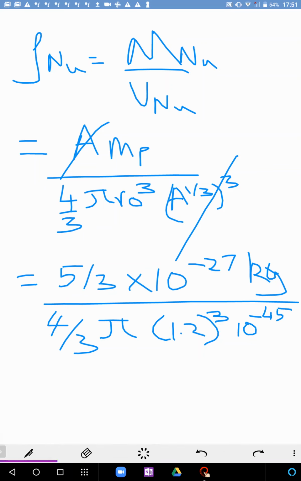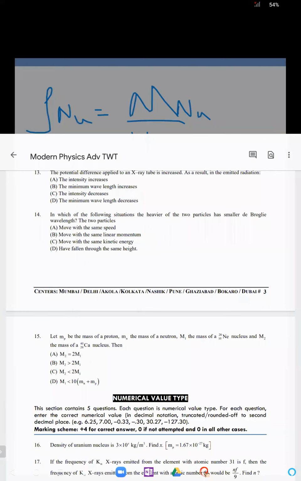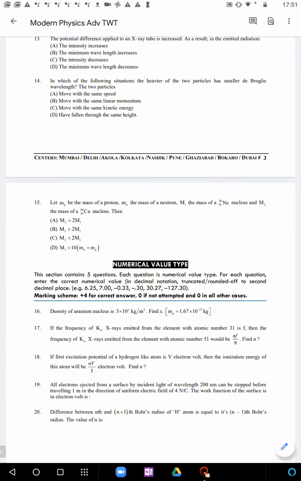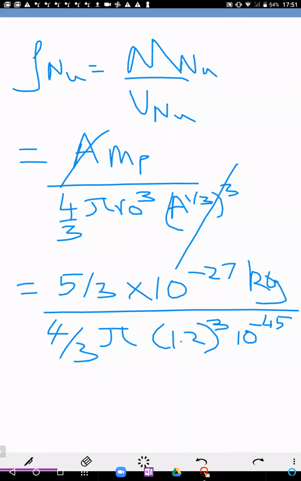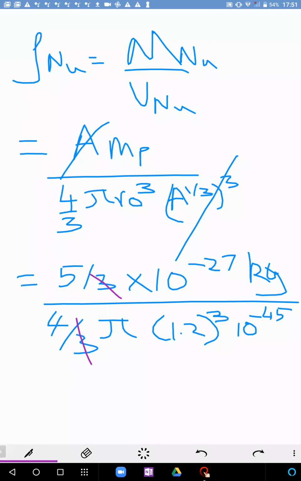So this thing is 3 raised to something. So ये 5/4, 1.25 by 3.14, 1.2 into 1.2 is going to be approximately 1.44, right?